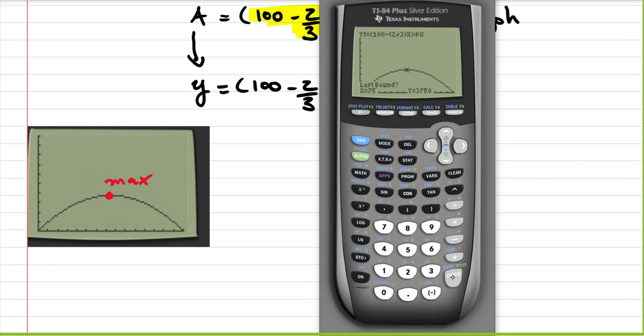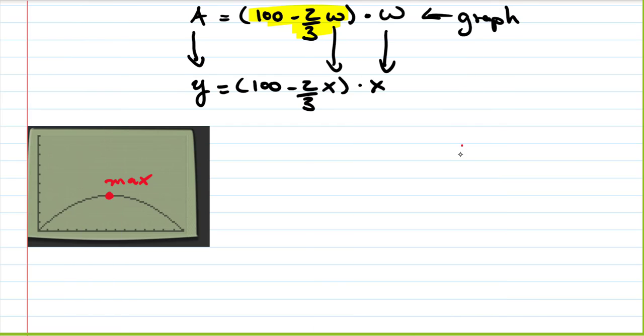And then similar to the zeros, it's going to ask us 3 questions. We pick something on the left, we pick something on the right, and then we're going to guess. So remember, when it says left and right, it's talking about x values. So I moved my cursor to the left of my maximum, and I guess. Oops.